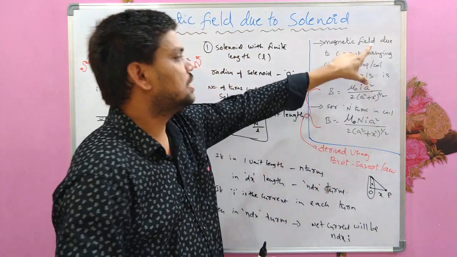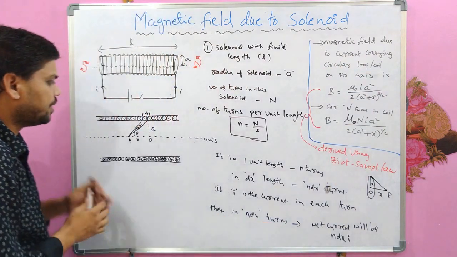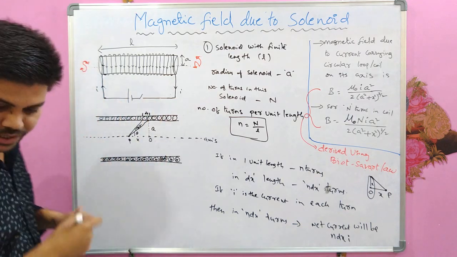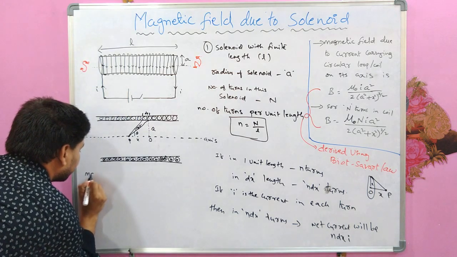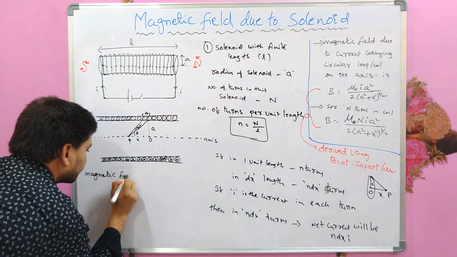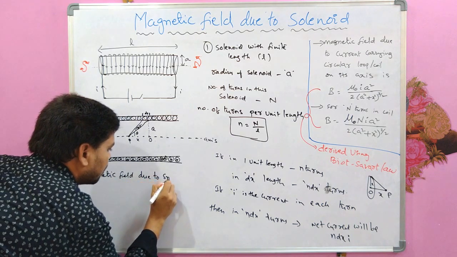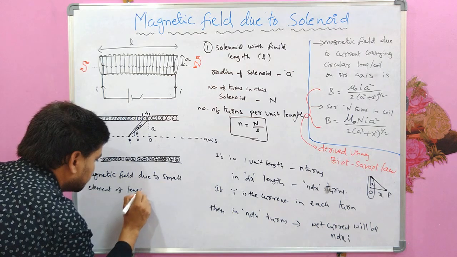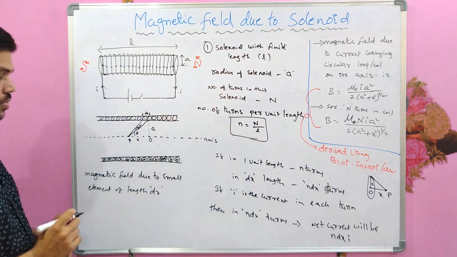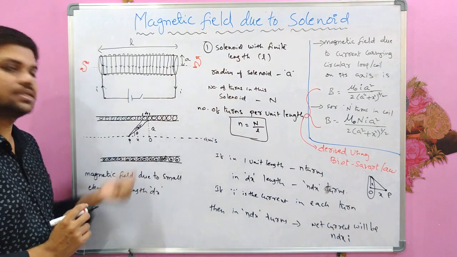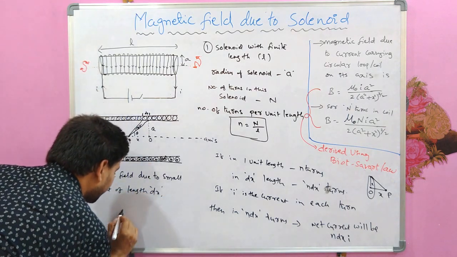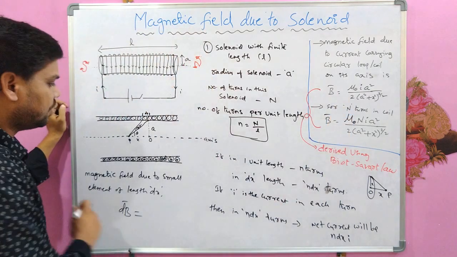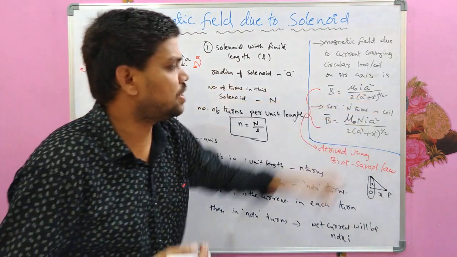Now if you use this formula for finding the magnetic field due to a small segment of this solenoid, the magnetic field due to a small element of length dx will be how much? dB, here it is a vector, dB equal to how much according to this formula?